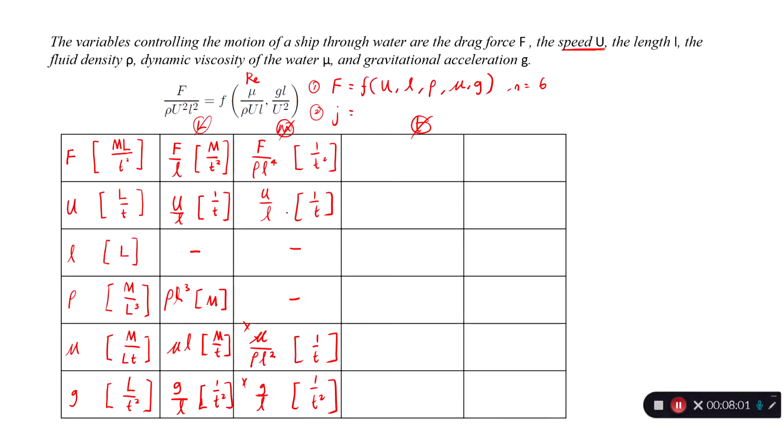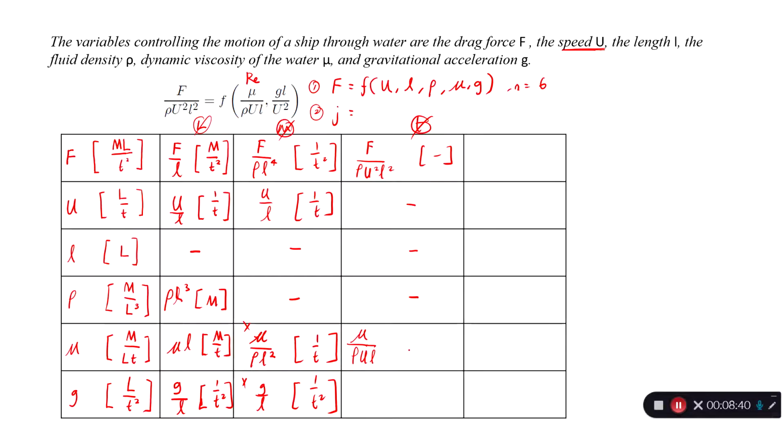We choose U over L, so you will for sure get the final term. Just do it on the side if you have to. I'm just going to write the final answer here. Rho U squared L squared, this will be dimensionless. This will not exist, it will cancel itself out. This will be mu over rho U L, because you multiply this with L over U, so the L will cancel.